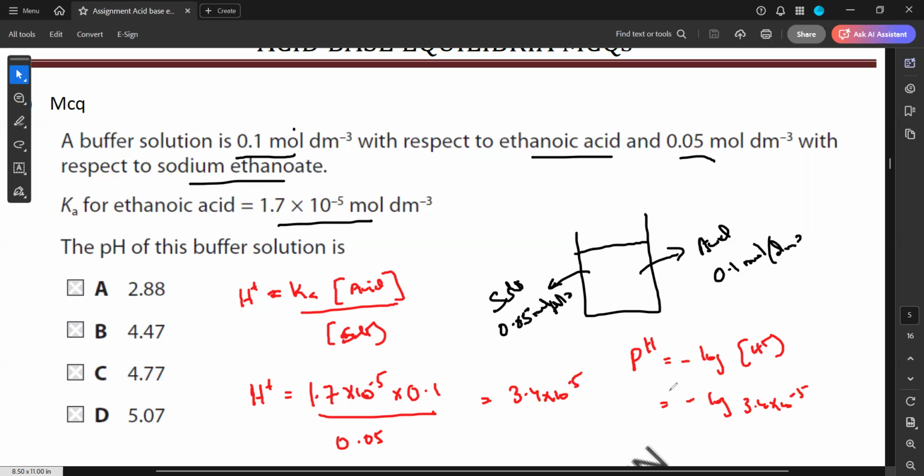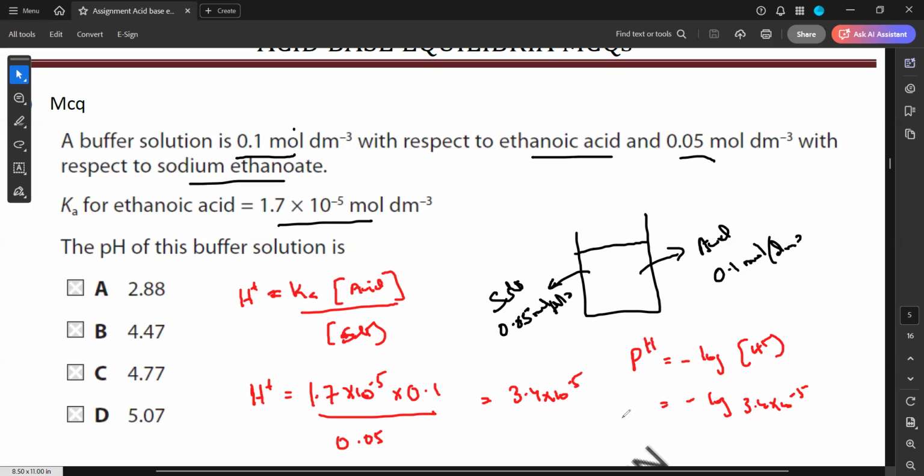What is the log of 3.4 times 10 to the power minus 5? That is 4.47.